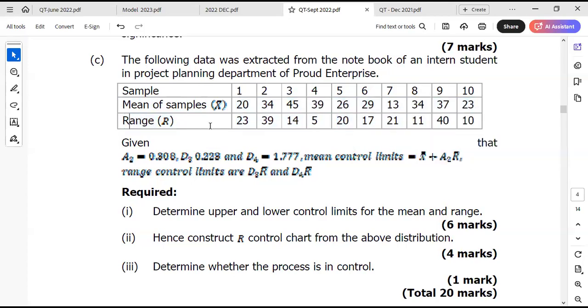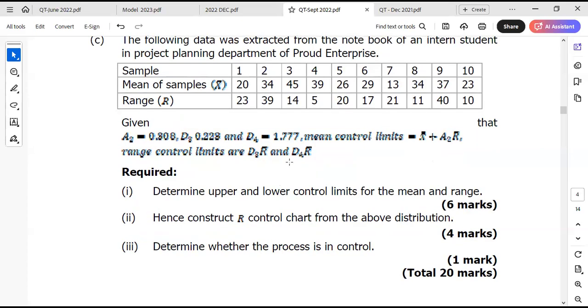You're also given the range for each sample. You see how the examiner always wants people to pass? Given that A2 is this, D2 is this, D3 is this, then D4 is this. You have the mean control, the formula is here. You have the range control, the formula is also given. Determine the upper and lower control limits for the mean and range.